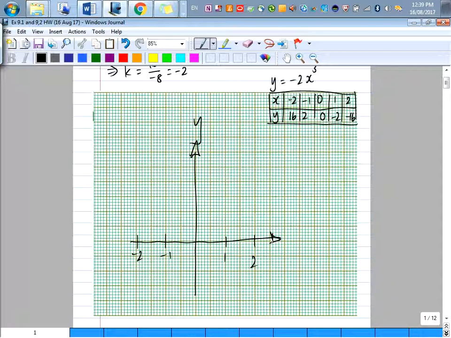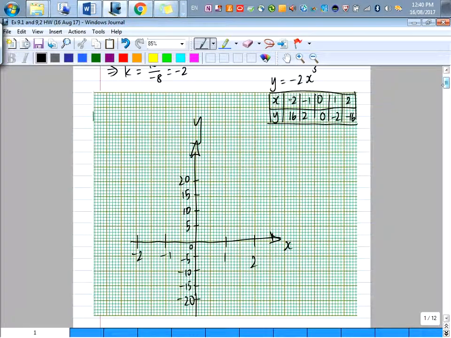For my x-axis. Now for my y-axis, they want 1 cm to represent 5 units. So 5, 10, 15, 20. Okay, we need to go all the way down to at least -16. So this is -15 and -20. Okay, I've got my scale ready.